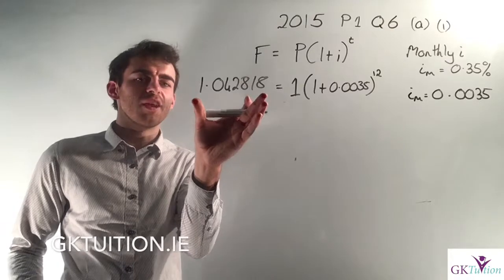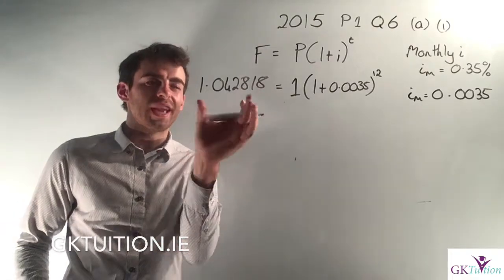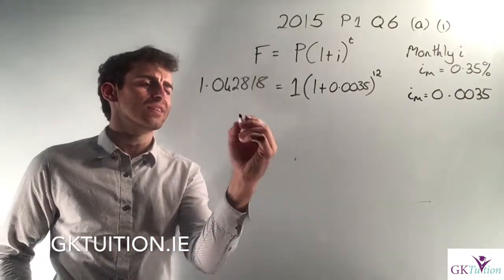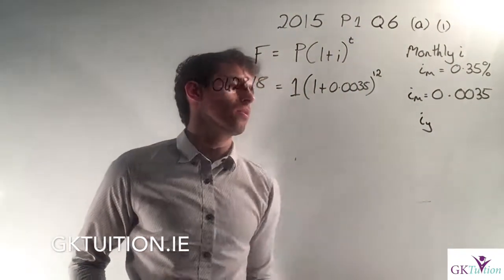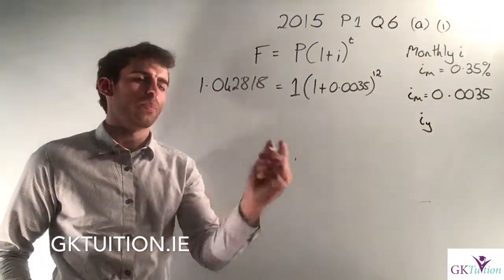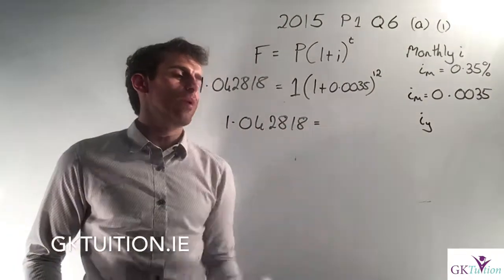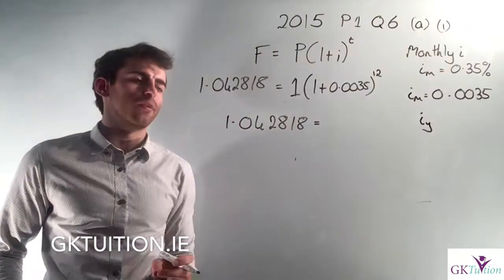And this is going to allow me to work out what the APR, or the yearly interest rate, is. In this context, now I want to introduce I, and I'm going to call it I_Y, which is the yearly interest rate. The 1.042818 represents the amount we would have at the end of the year.